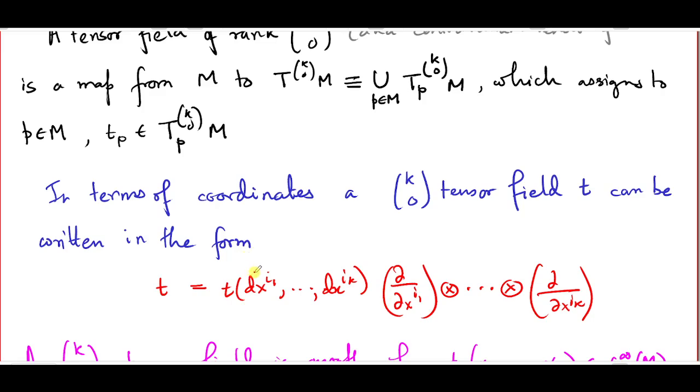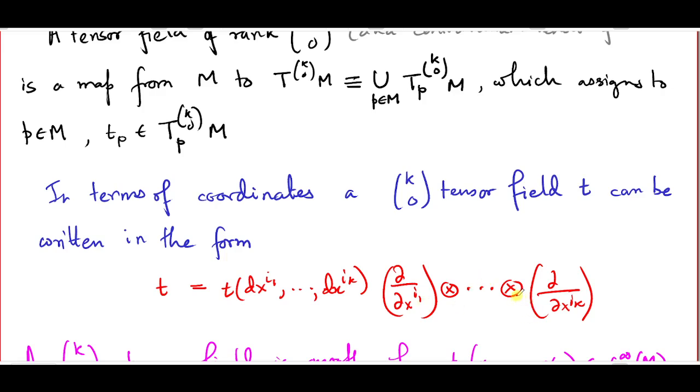Now, I'm not going to go into the details of this because this is exactly similar to what we did for 0k tensor fields in the previous lecture. This is a bunch of functions, one for each set of indices i1 to ik, n to the k functions to be precise, and multiplying them with this tensor product of ∂/∂xi1, ∂/∂xi2 up to ∂/∂xik gives us a representation of the tensor T. This representation, of course, is tied to this particular coordinate system.